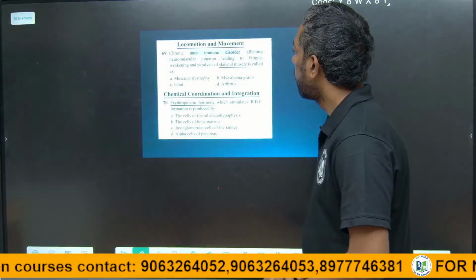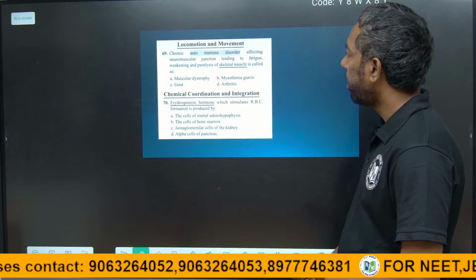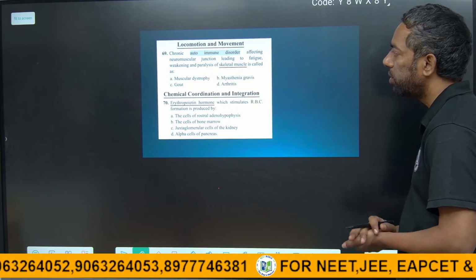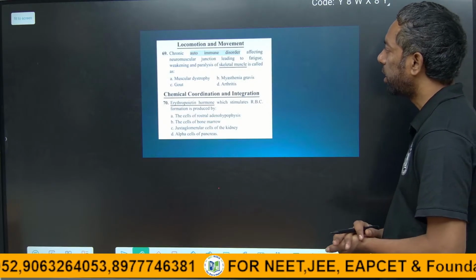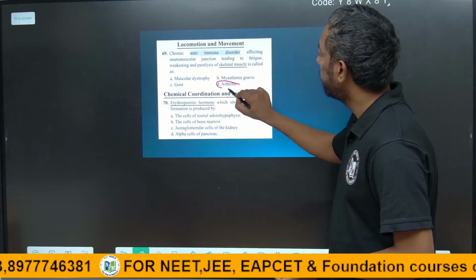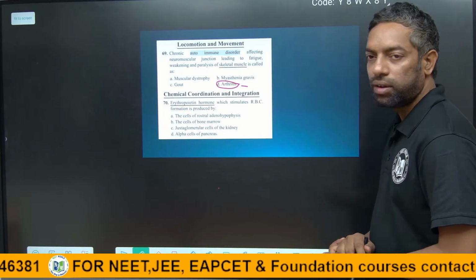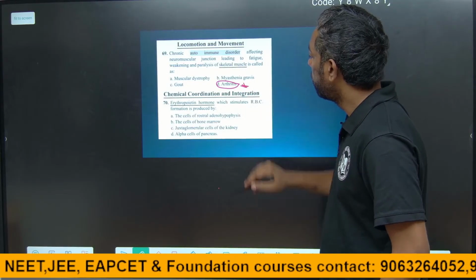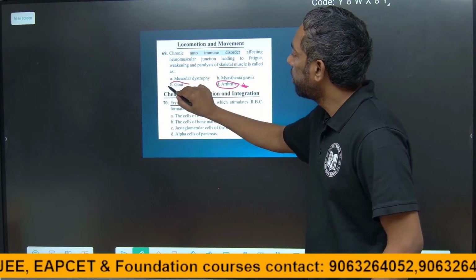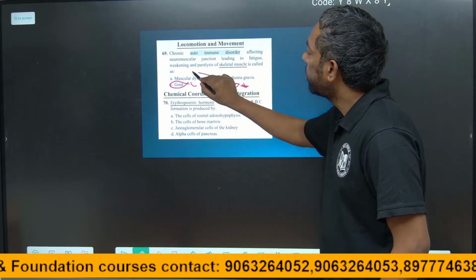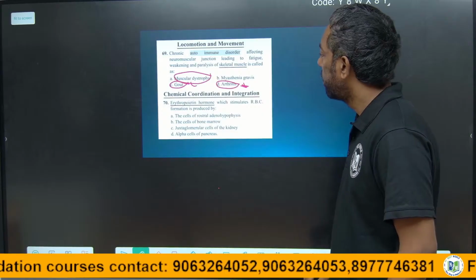Yes, a chronic autoimmune disorder affecting the neuromuscular junction leading to fatigue, weakness and paralysis of the skeletal muscle. Guys, arthritis is the inflammation of joints, bones. Gout is the uric acid effect. Muscular dystrophy is a genetic disorder.